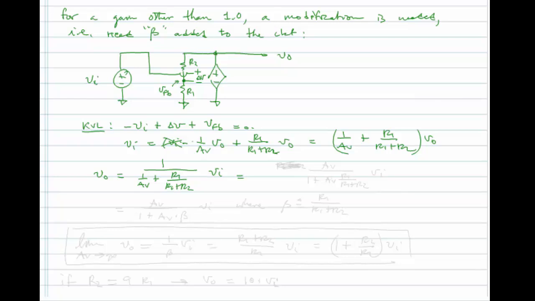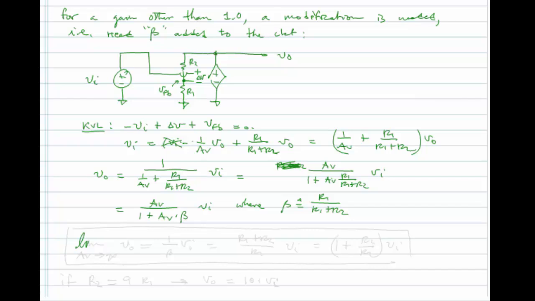Or we could write it as R1 plus R2. No, let's leave it as AV over 1 plus AV times R1 over R1 plus R2. And I can rewrite this as AV over 1 plus AV times beta, where I'm going to define beta as being equal to R1 over R1 plus R2.